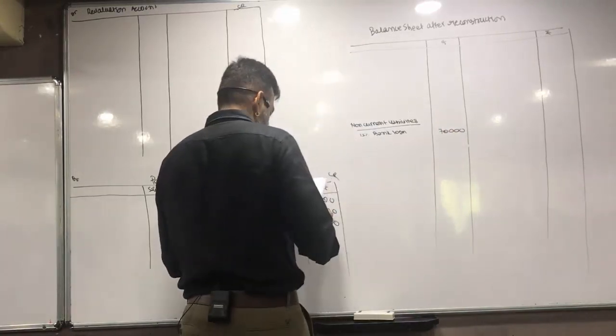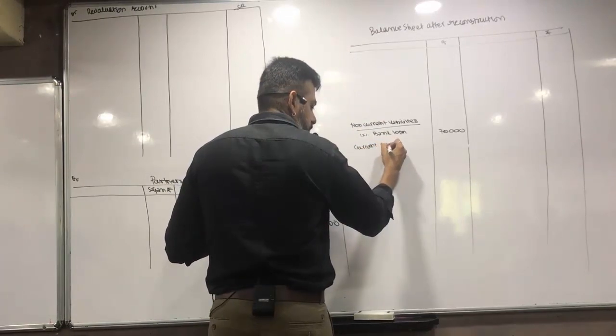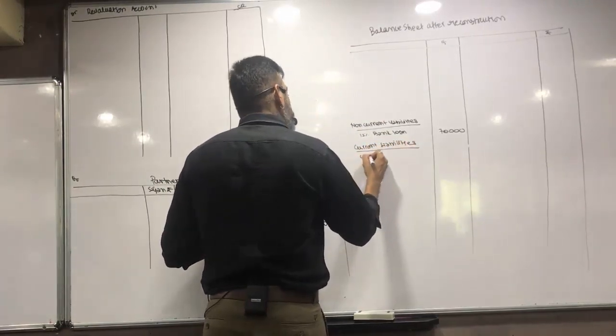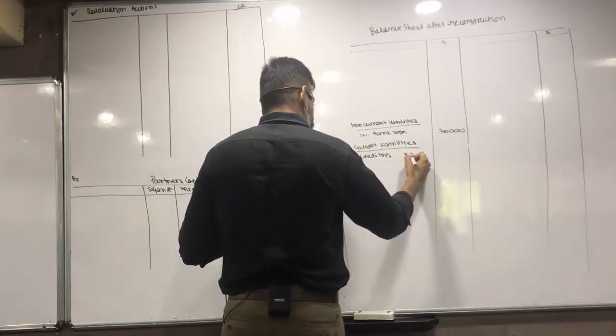Current liabilities, creditors, inner column $32,000.